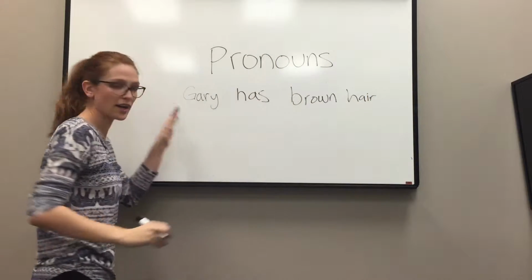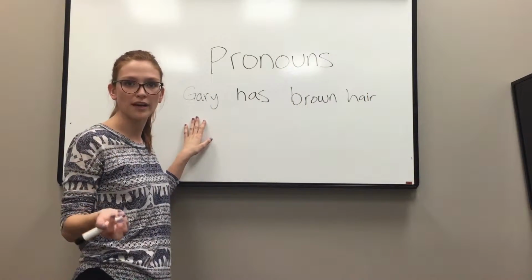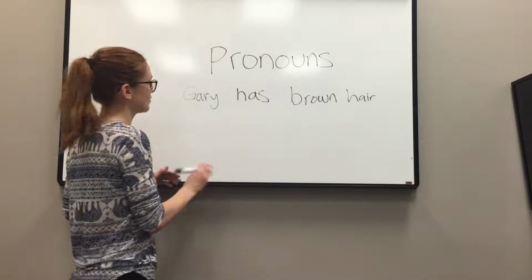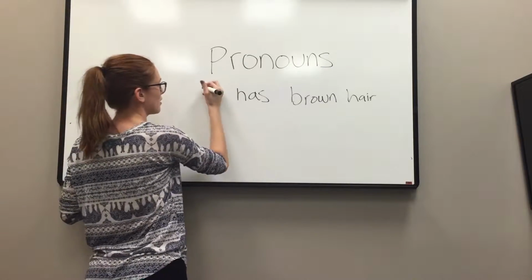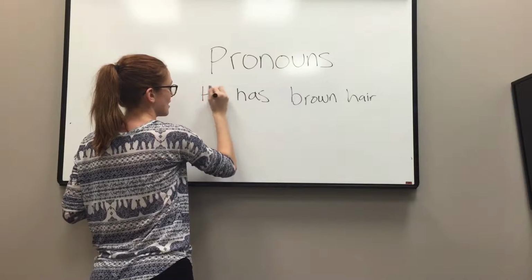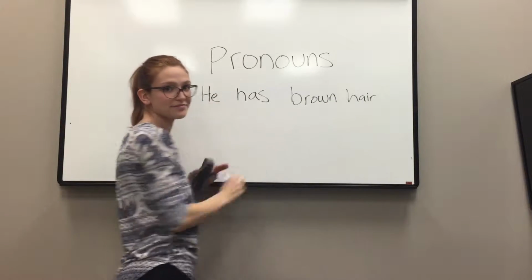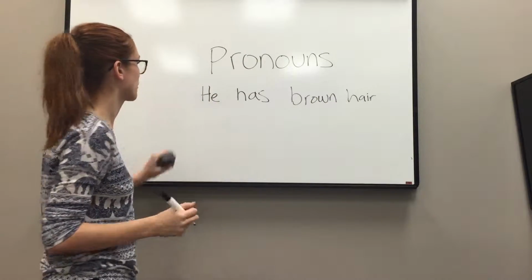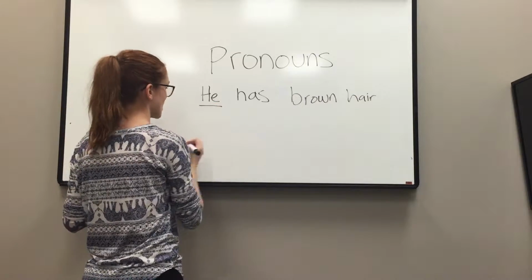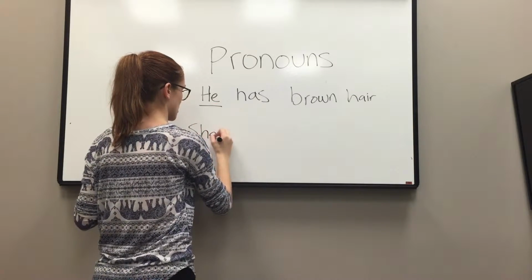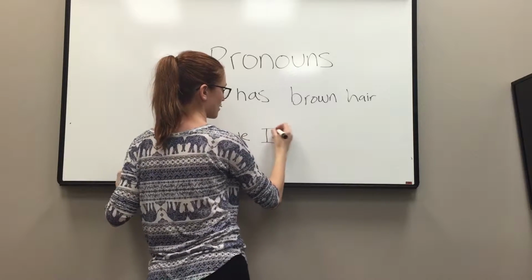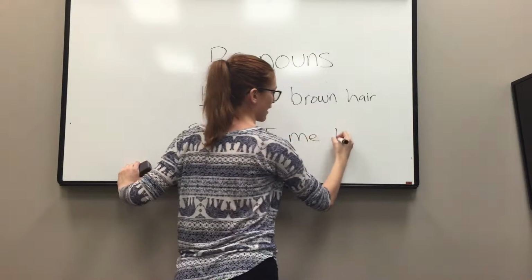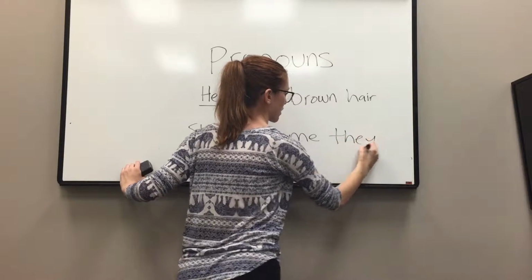Or if we've been talking about Gary and we know who we're talking about, instead of saying Gary, we could replace that with he has brown hair. So some of our other pronouns, other words like he, are she, we, I, me, and they. Those are a lot of the ones we're going to use.